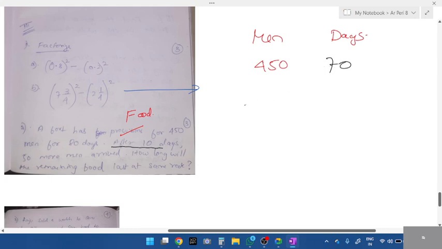50 more men have arrived. Will you add with 450 or subtract with 450? Add to 450. You get 500. For how many days will it last? X. Now let us read the question. For 450 men, food lasts for 70 days. If more men join, will the food last for 70 days or less than 70 days?